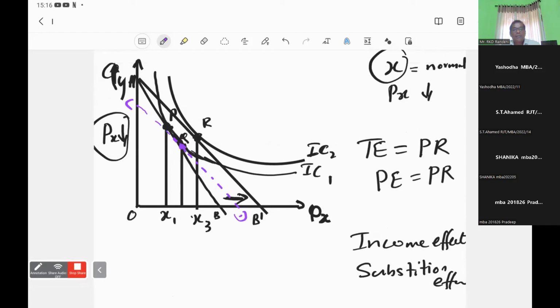Then you can find out the point Q. Now the thing is this, that the consumer is purchasing that commodity according to the new price, but gaining the first utility. Then where is the point? Q is the point.